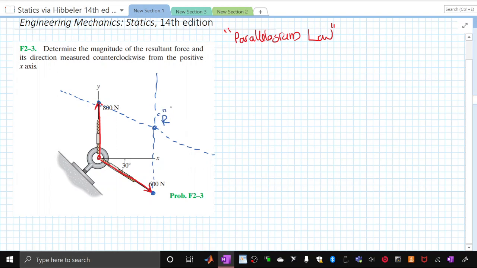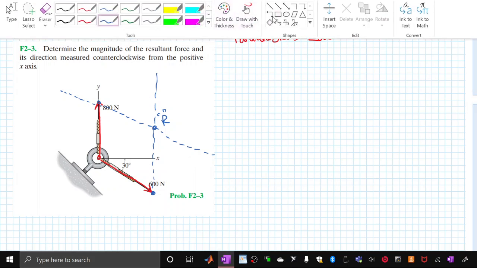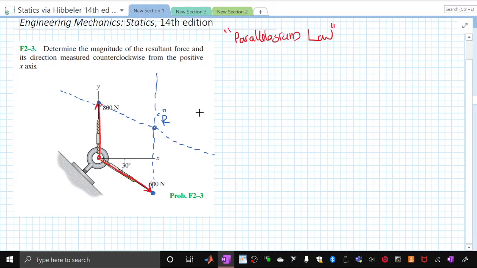The parallelogram law says that the diagonal, you see how we have now a quadrilateral? The parallelogram law says that the diagonal that forms from the newly made parallelogram represents the resultant force of the two vectors.